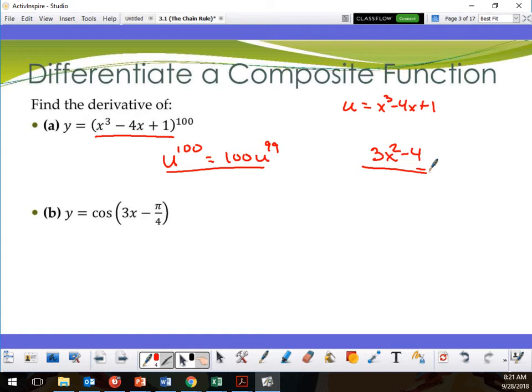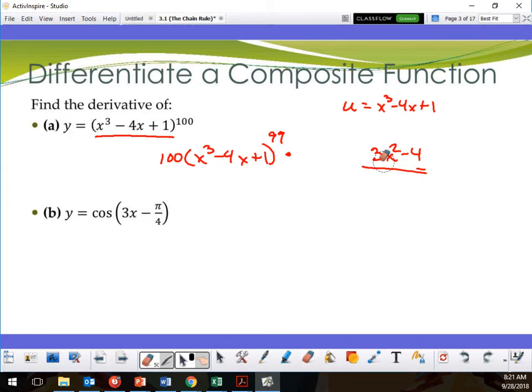Okay, so I'm going to go back, and I already know it's supposed to be 100, but instead of putting u, I'm going to put what it actually is. So it's going to be x cubed minus 4x plus 1, right, to the 99th, times the derivative of the inside. What do we say the derivative of the inside is right here?